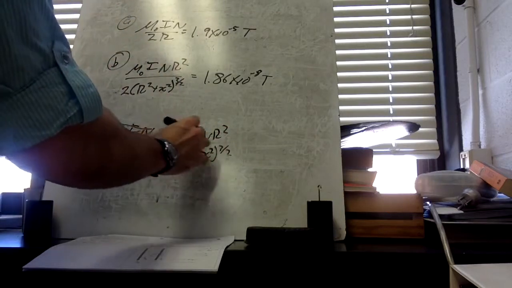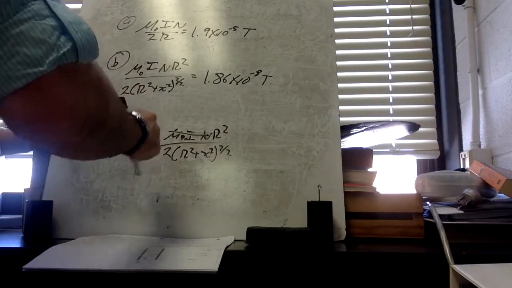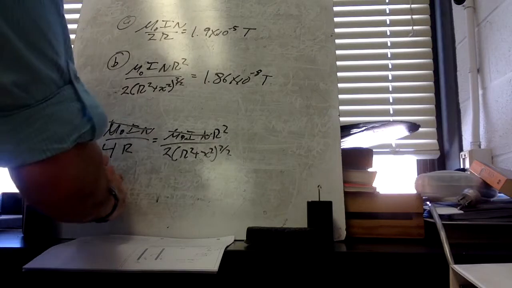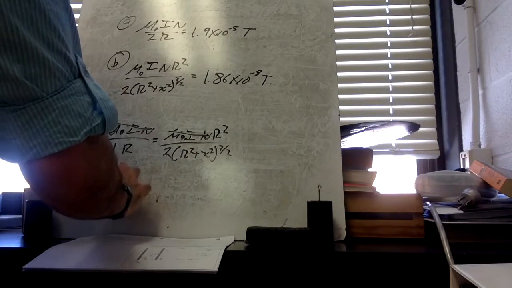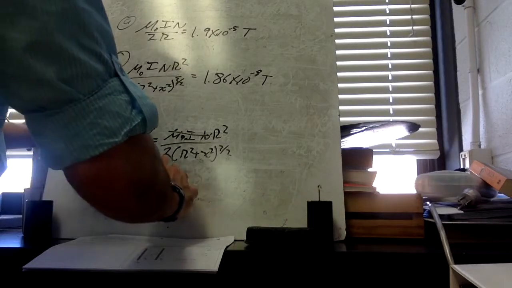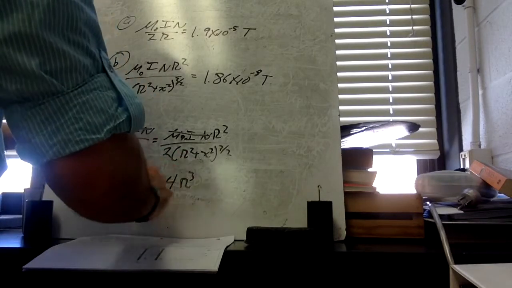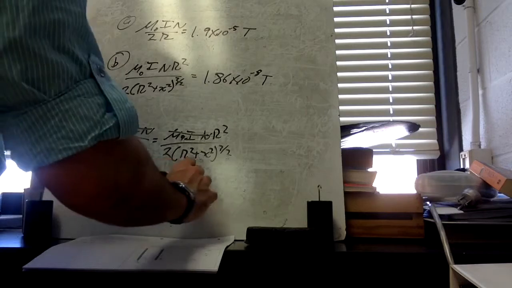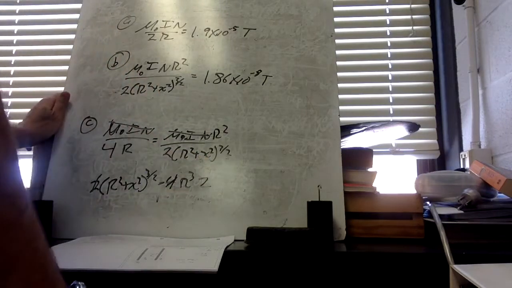Now, this cancels out with this, and I can do some rearranging here, and I'm going to get 2 times r squared plus x squared to the 3/2 equals 4 r cubed. This 2 can cancel out with this, so I end up with a 2 there.